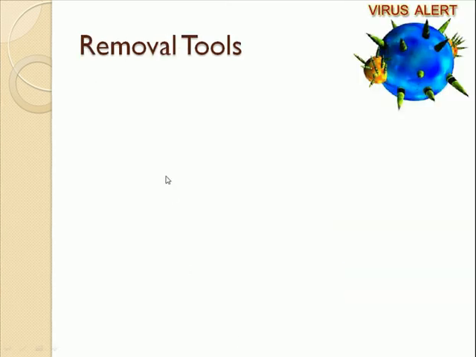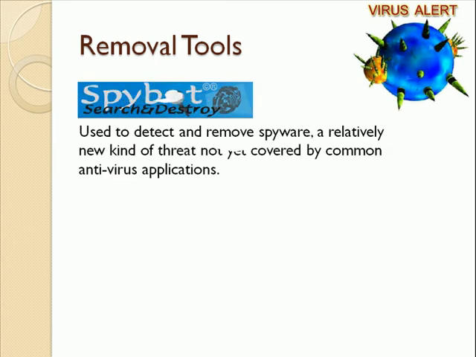The next thing I'm going to talk about are tools used to remove such attacks. There are several tools on the internet that are free to download, but I'm going to talk about the two that I use most often. The first tool I normally always use is Spybot Search and Destroy. It is specialized in finding bot-related spyware or malware running on a computer system.